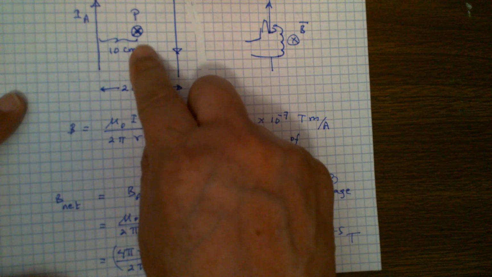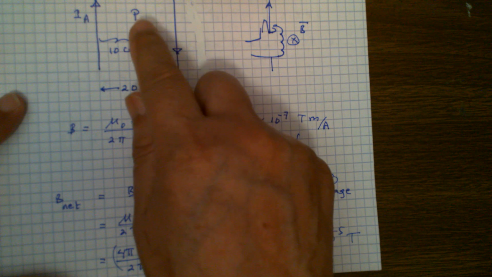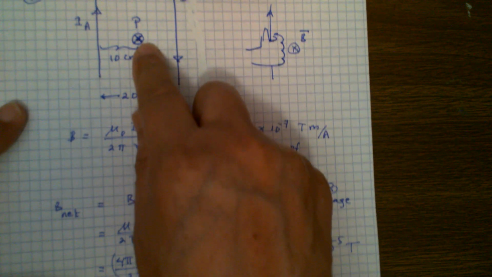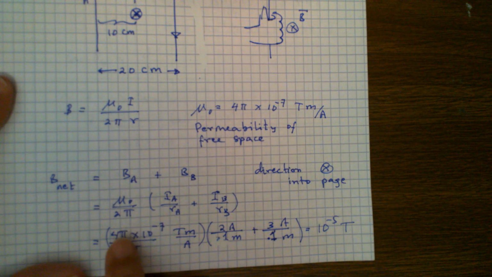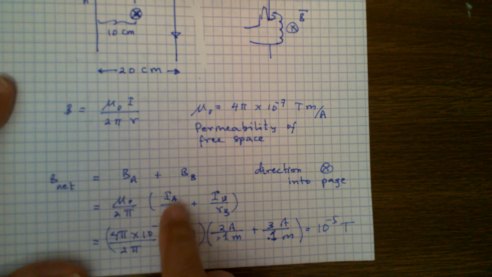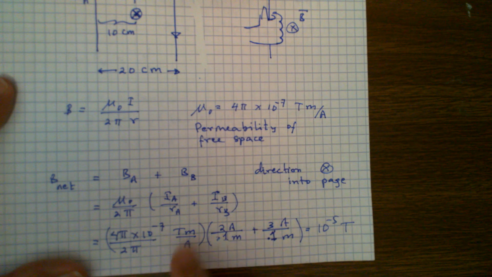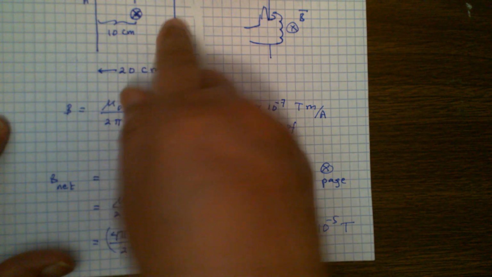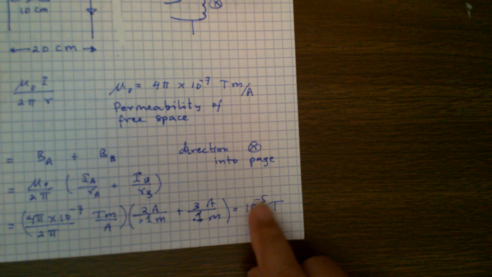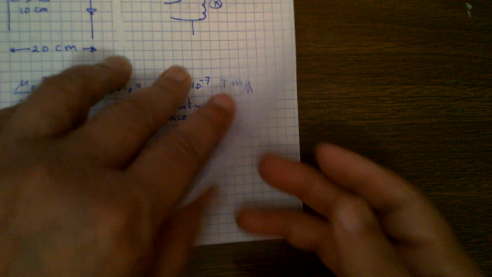So the net magnetic field at P is directed into the page, and the formula is mu 0 by 2 pi times (IA by RA plus IB by RB). The distances are 10 centimeters, that means 0.1 meter each. You substitute, and you get the result 10 to the power negative 5 Tesla. Okay, so it's very simple.